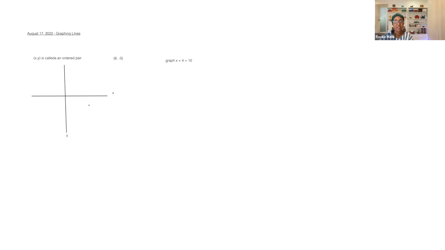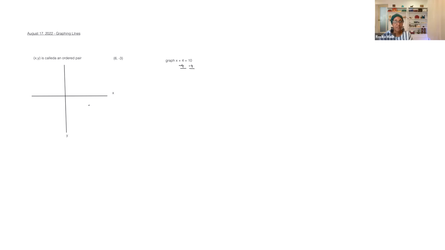If I had X plus 2Y equals 37, then I would be able to get an ordered pair, an X value and a Y value. So in this case, I only have X plus 4 equals 10. I'm going to do -4 on one side. Whatever I do to one side, I do to the other side, so no one gets jealous.